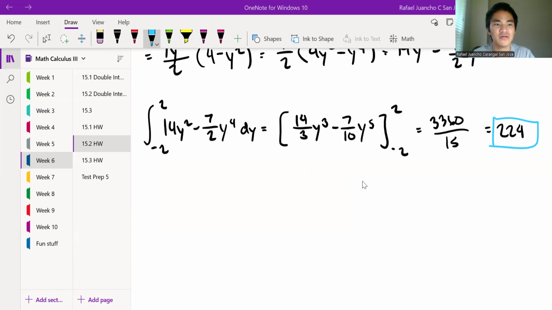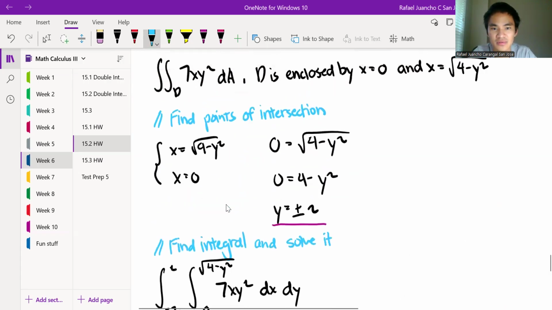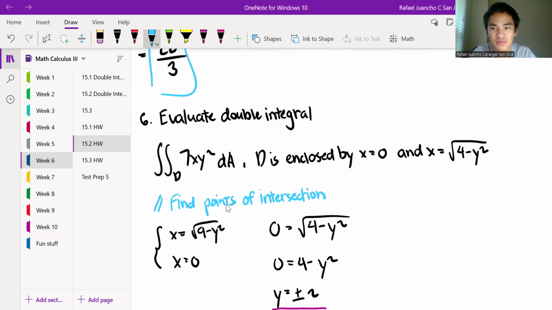Right? No question mark. Let's see if I actually got that value here. So we got a different one. What happened here? So I messed up my limits, right? Region D is enclosed by x equals 0 and x equals... Oh, wait a minute.